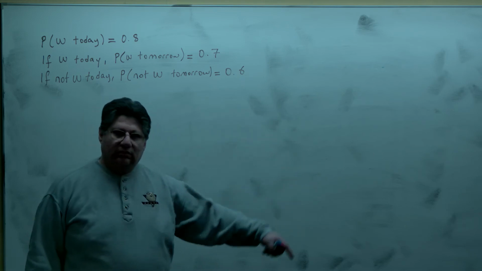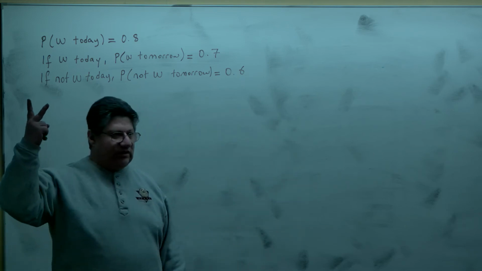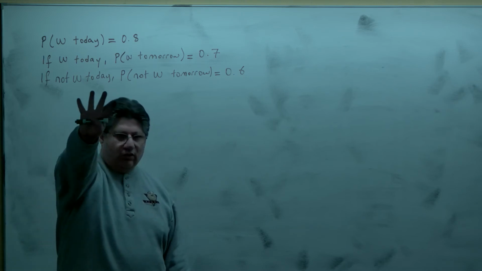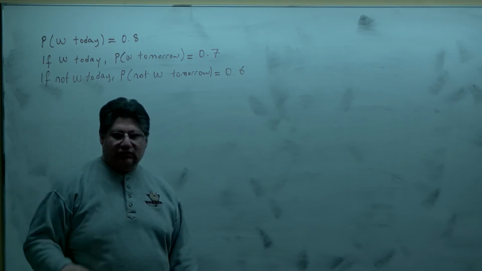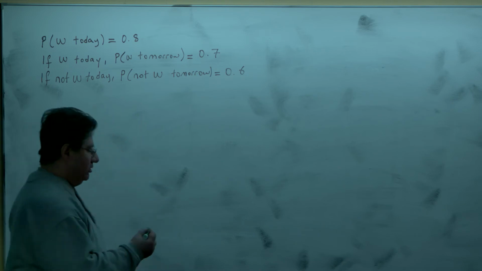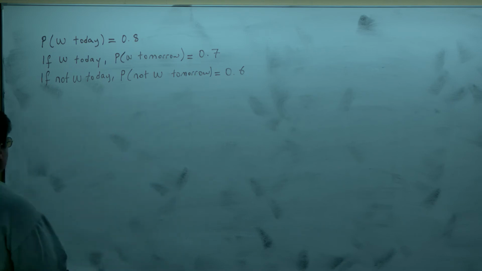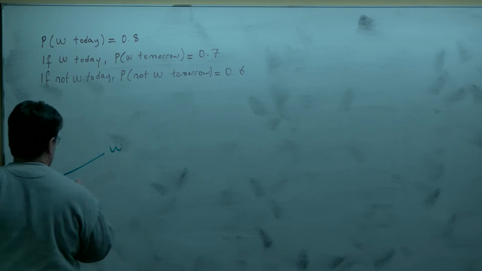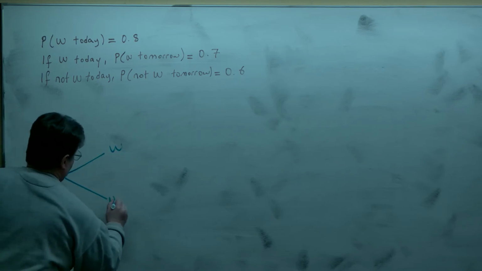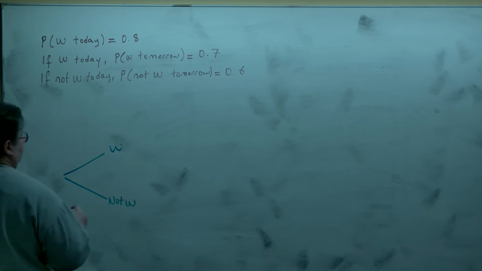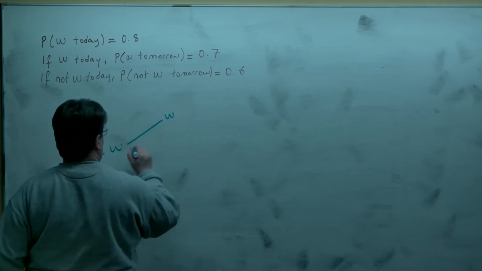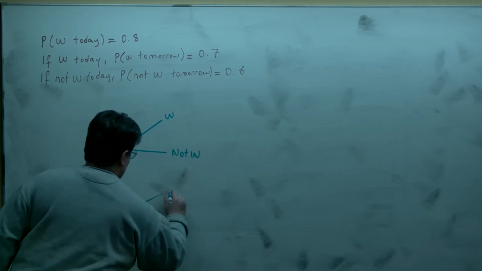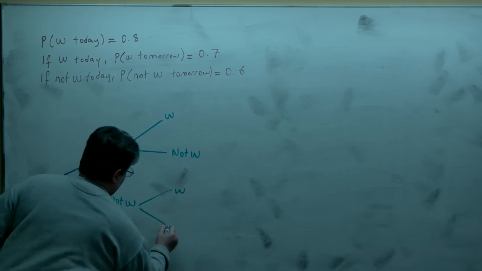Tomorrow, windy or not windy. Dichotomous again, two cases. 2 times 2, 4. Our tree has to have 4 branches. But we'll go step by step. Today, it can be windy or not windy. Tomorrow can be windy or not windy.